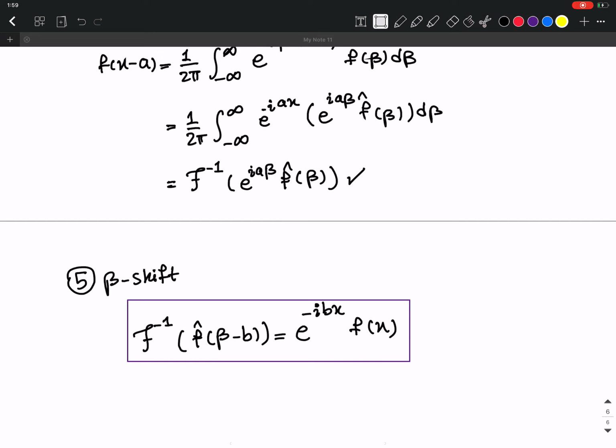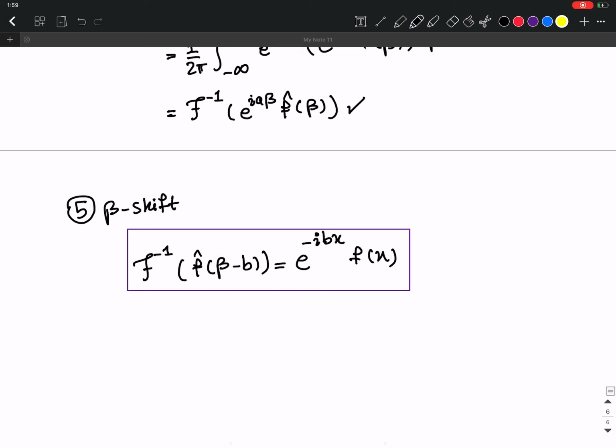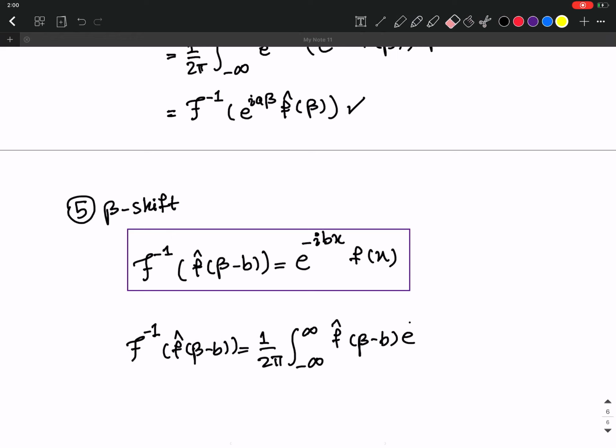Okay. So let's prove this too. I'm gonna start with the left hand side, the inverse Fourier transform of f hat beta minus b. The definition of this I'm gonna just write down: 1 over 2 pi, the integral from minus infinity to infinity of f hat beta minus b, e to the power minus i beta x d beta.